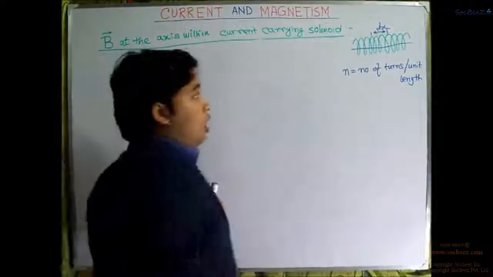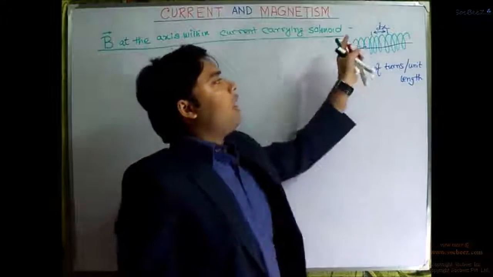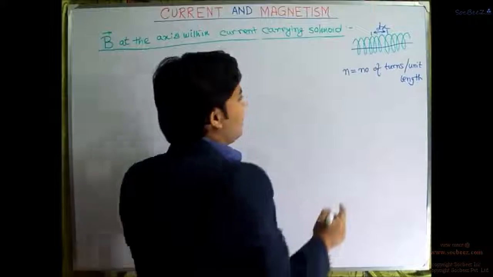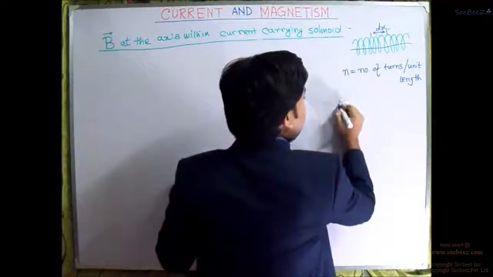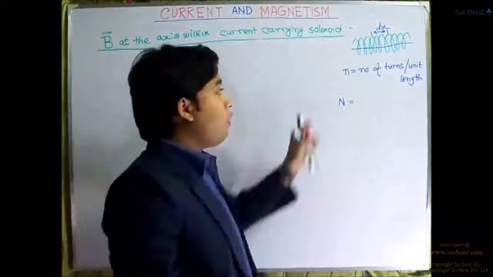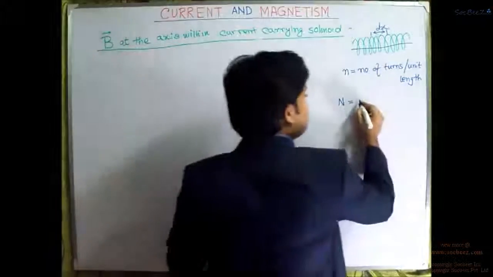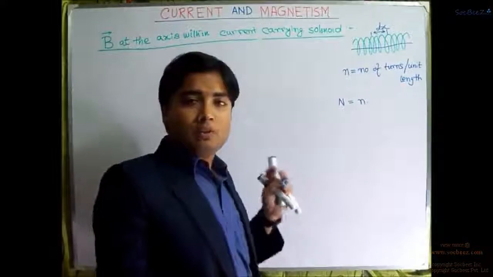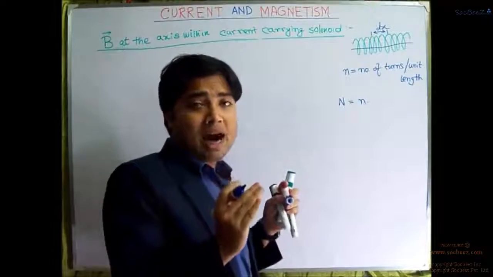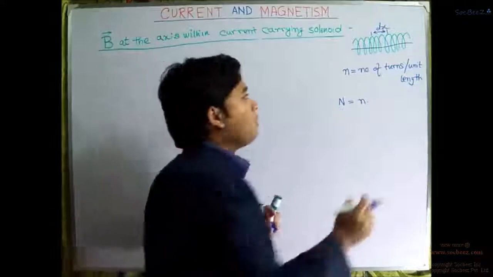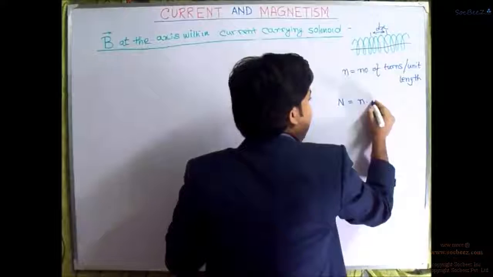Then obviously for a length dx, the number of turns, that is capital N for dx, will be equal to n, the number of turns per unit length, multiplied by the length we are taking into account, which is dx.